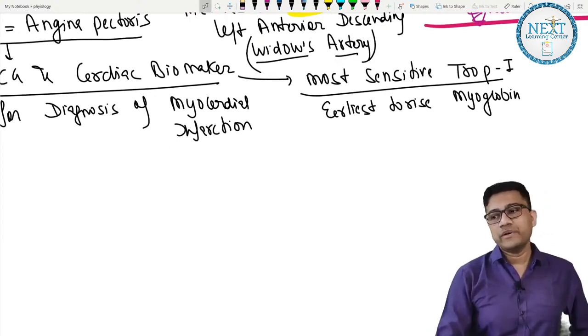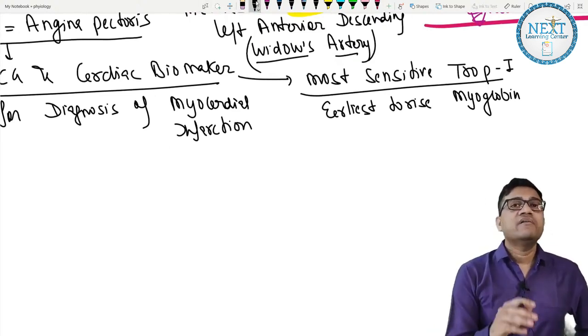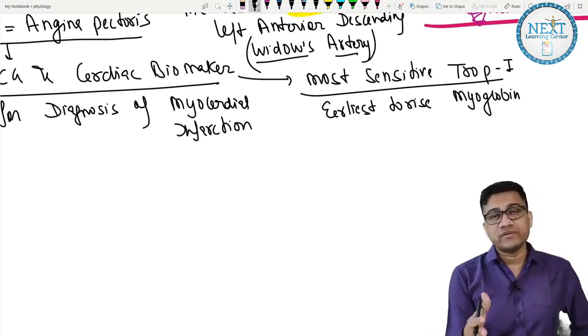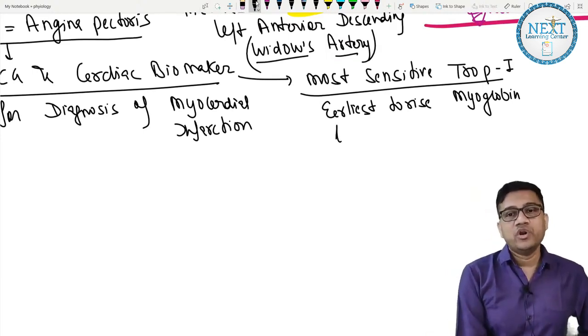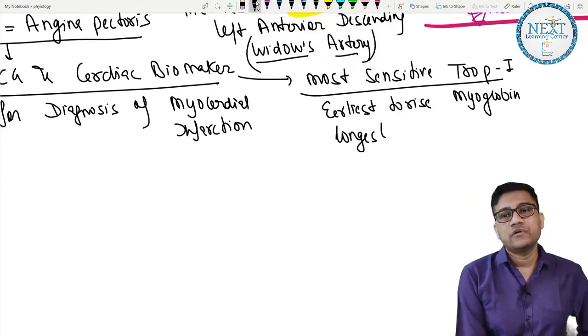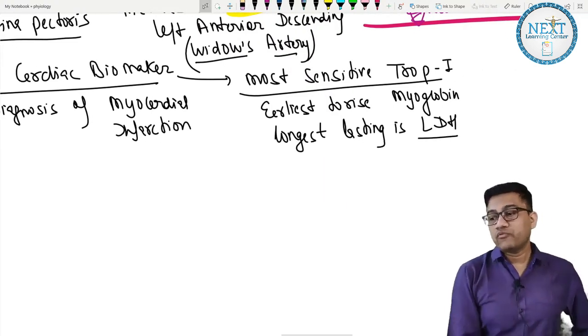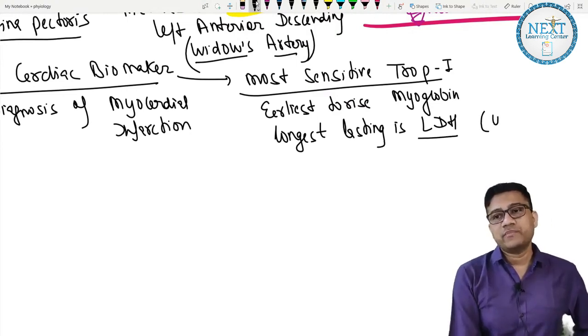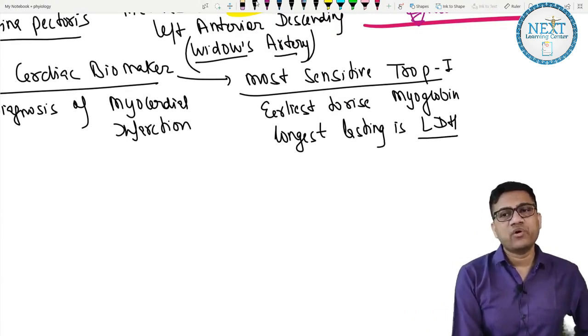And the longest lasting is LDH. So LDH can last more than 14 days, up to 14 days. I've discussed all this already, all the duration timing.